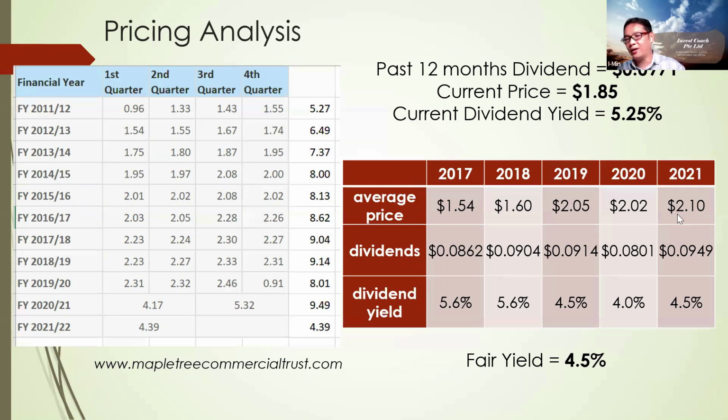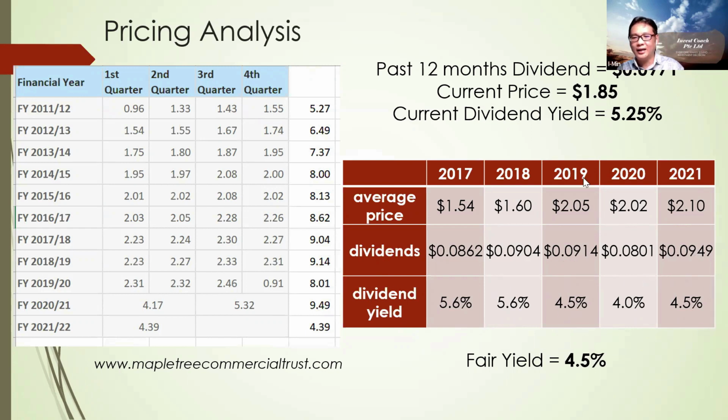For those interested, you can go to Yahoo and download all the pricing, and from there you can just do an average. The dividends I just copy from the website, and I calculate the dividend yield over the past 3 years.